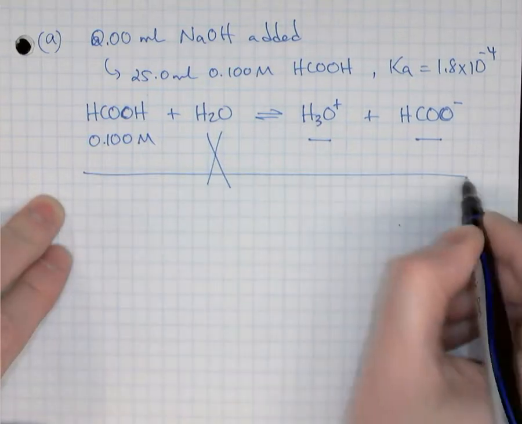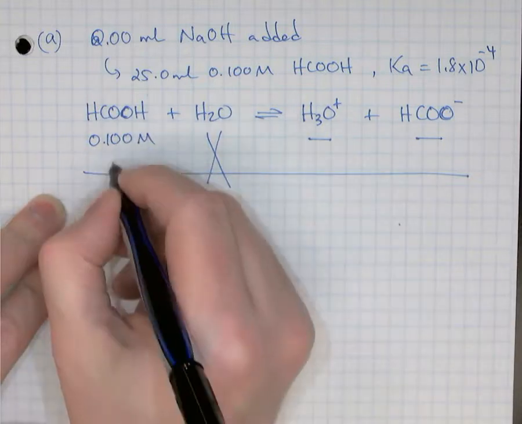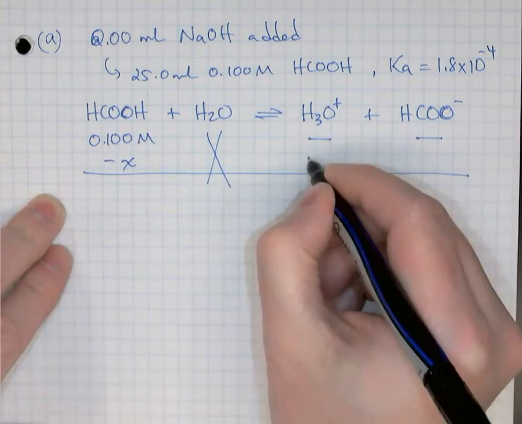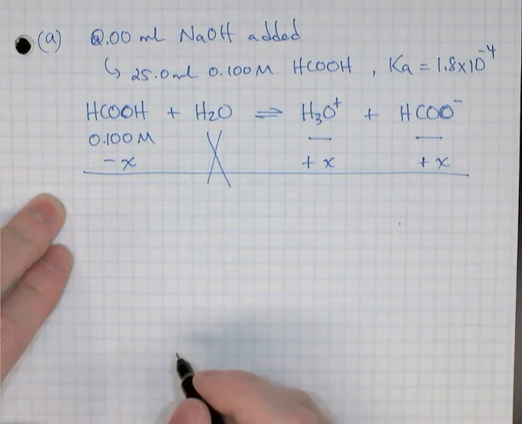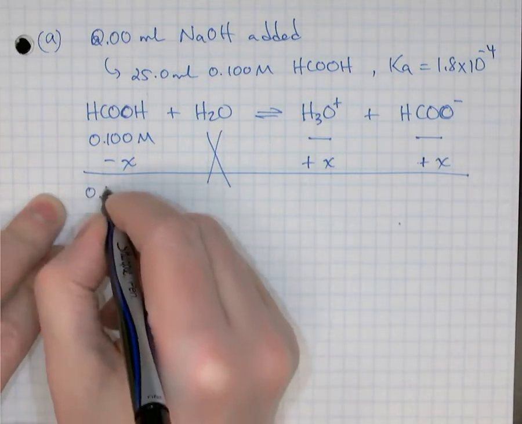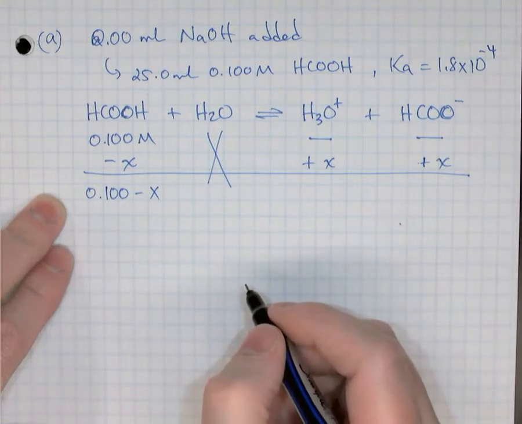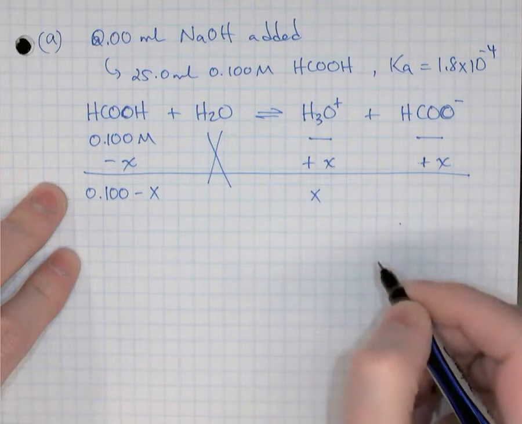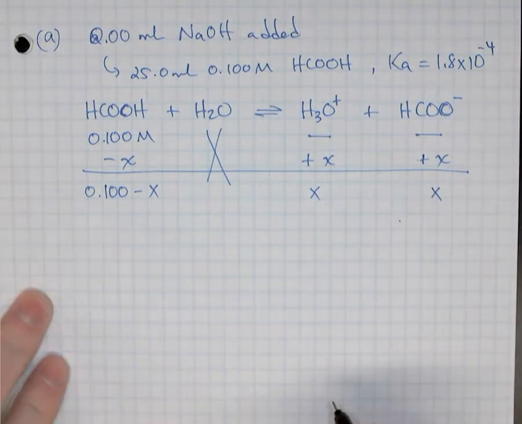And now we know this is a weak acid, so it's going to ionize only partly. So we'll say loses X. In a 1-to-1 ratio, these will gain the same amounts, X. And so in the solution, you've got 0.1 minus X, the concentration of formic acid. You have X, the concentration of hydronium, and you have X, the concentration of formate, the conjugate base.